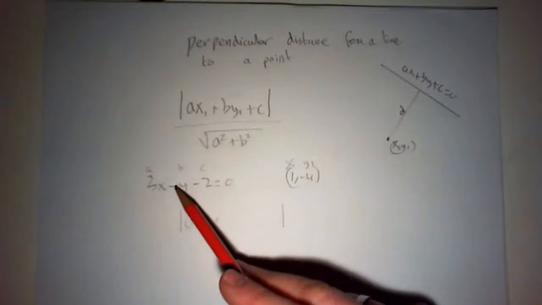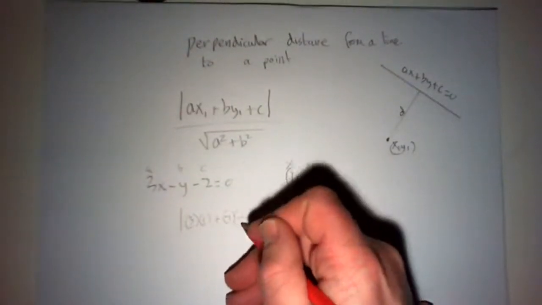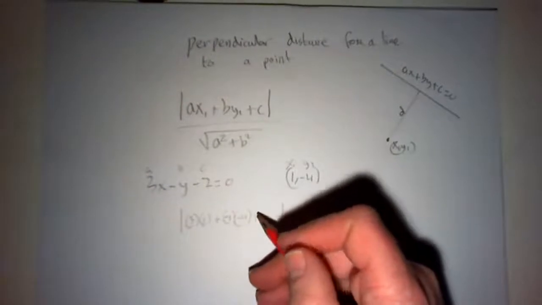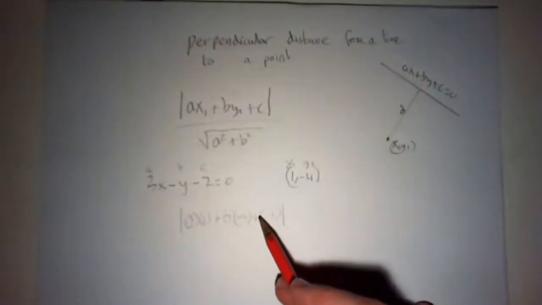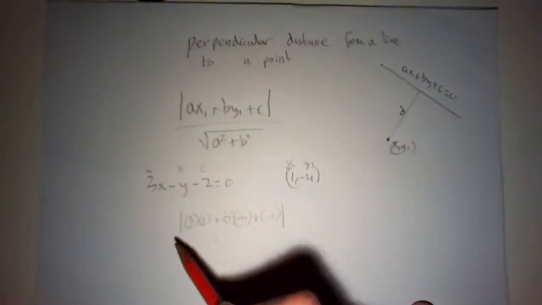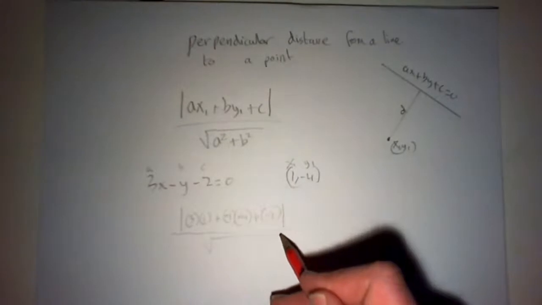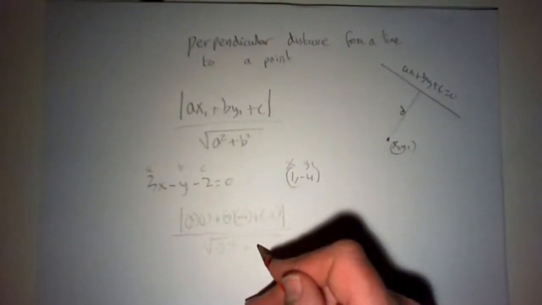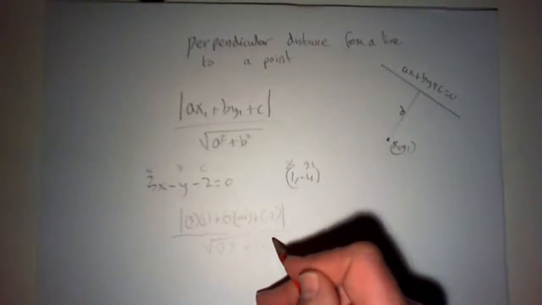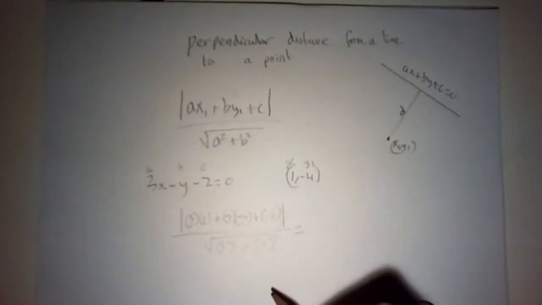So that's going to be minus 1 times minus 4, plus c. Now of course you don't have to put the plus and then the minus. You can put the minus. Divided by the square root of a squared plus b squared. That's going to give me my answer.